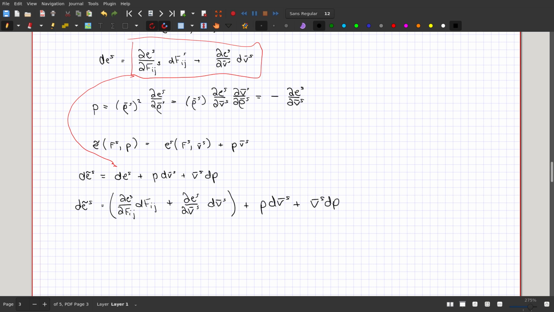Now notice this thing is equal to minus P from up here, right? This equation. So that's minus P, so we have minus P dV plus P dV, so those terms cancel.